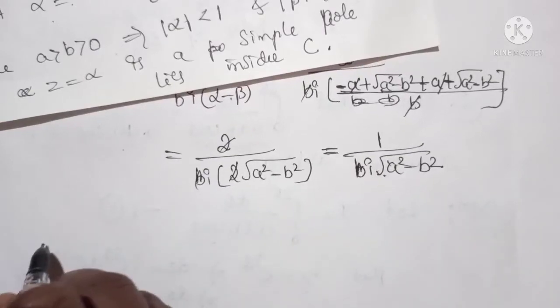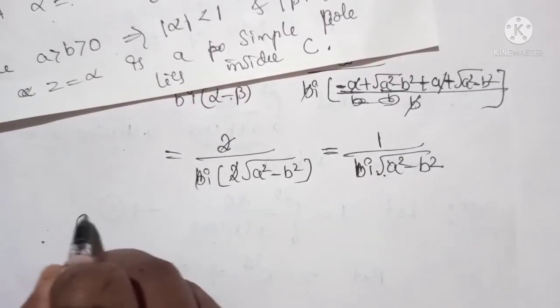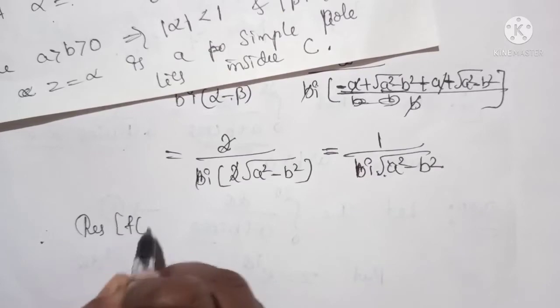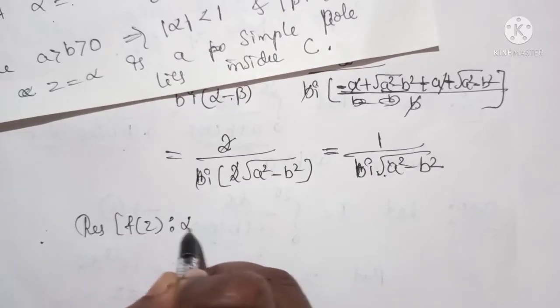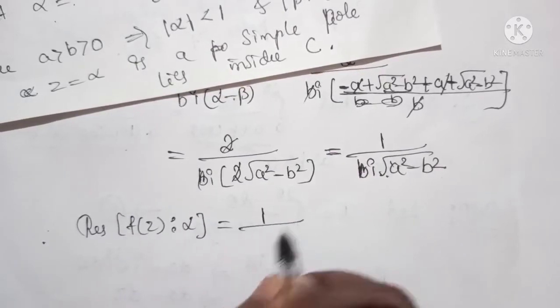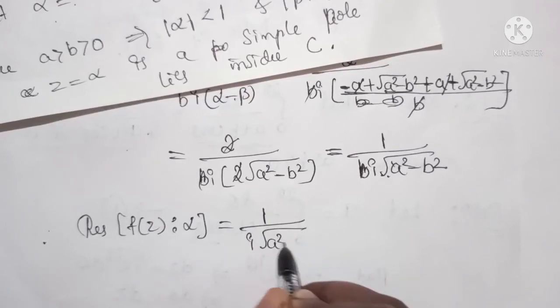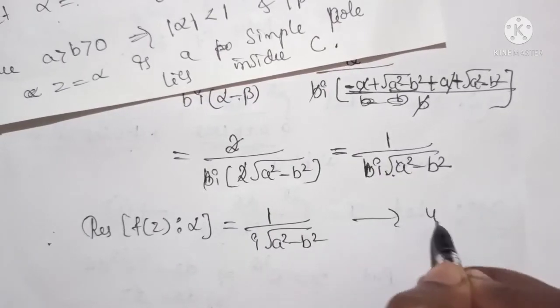Okay, so thus residue of f of z at alpha is equal to 1 divided by i root of a square minus b square. Consider this as equation 4.